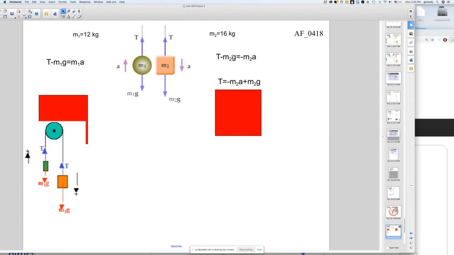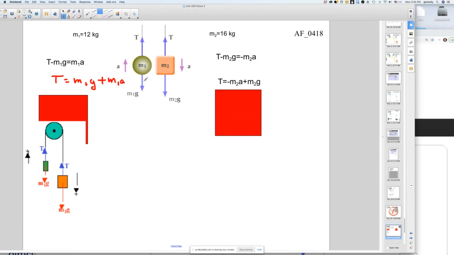If I solve for T here, I bring this on the other side, M2G. I have minus M2A plus M2G. If I solve for T here, I get M1G plus M1A.